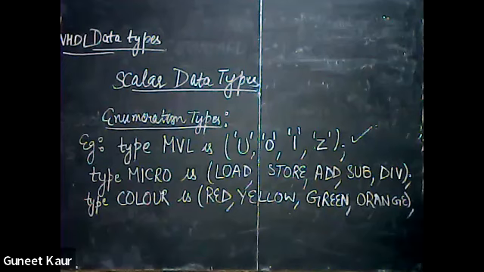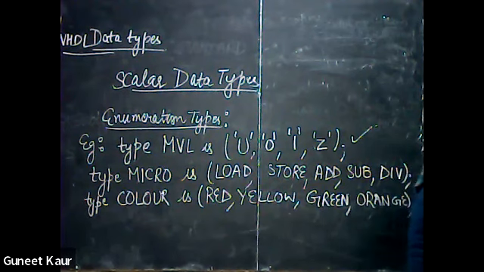When relational operators are used on these values, a value is always less than a value that appears to the right of it in the order. For example, store is always less than div.